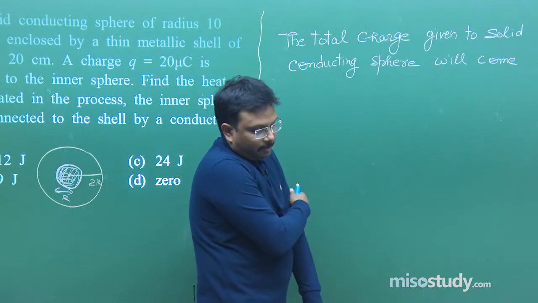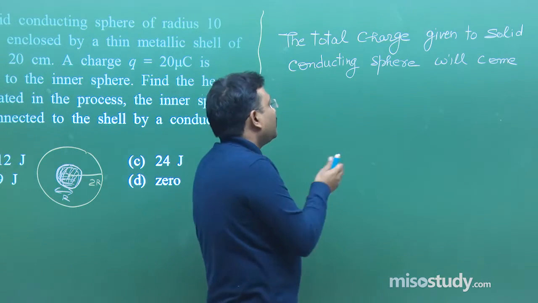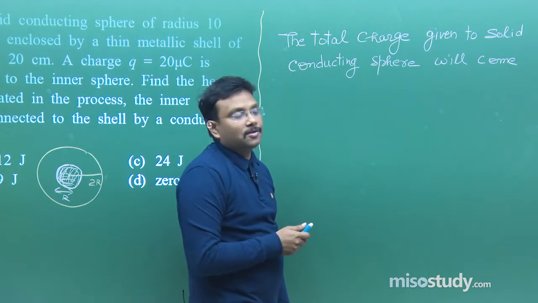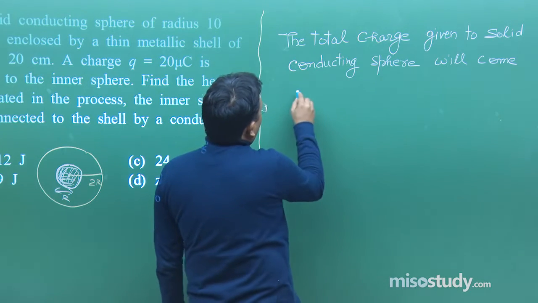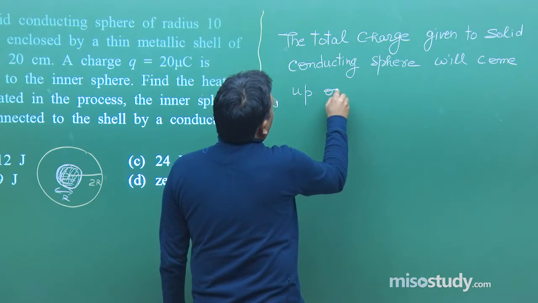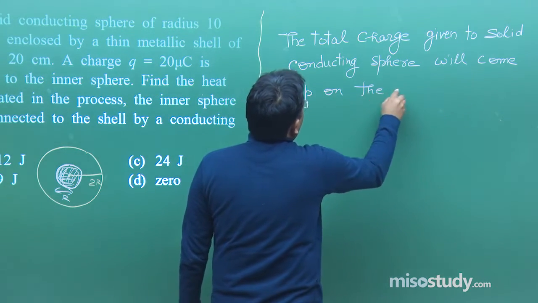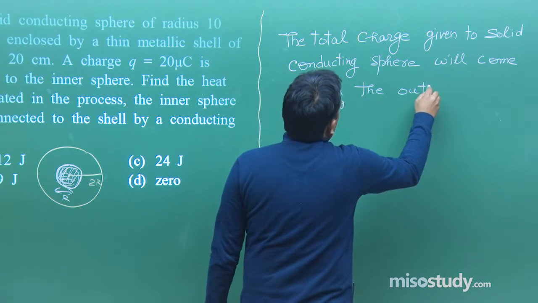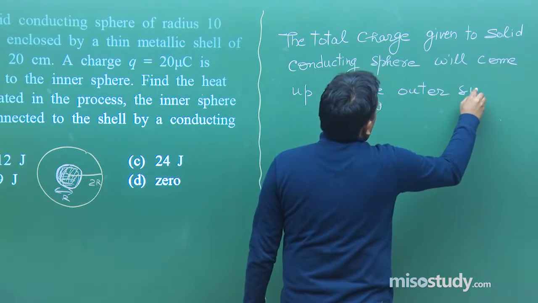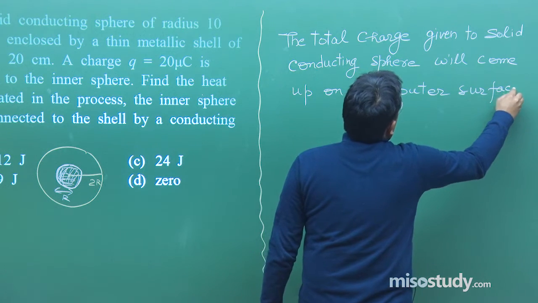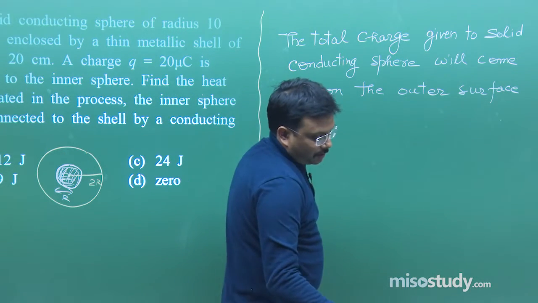This long statement I am writing so that you can understand what exactly the point is. Fine. So the charge will come up on the outer surface. It is a type of redistribution of the charge.